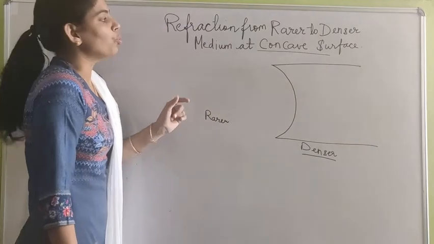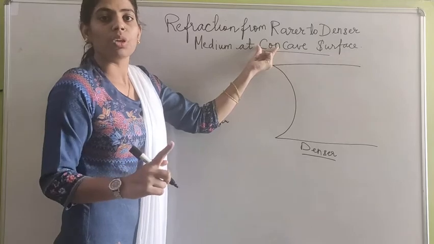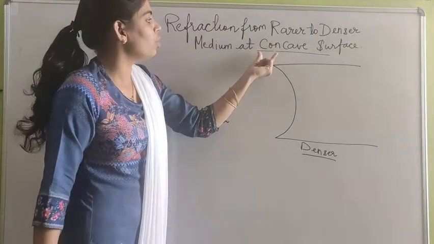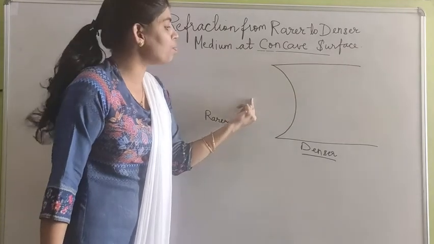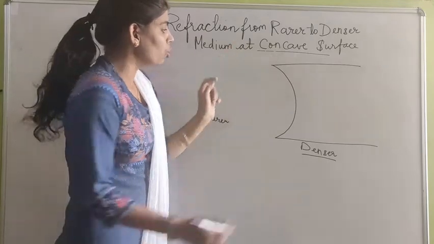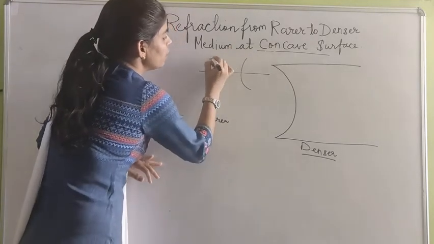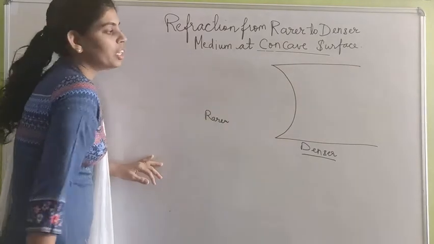As I have already told you, there are two types of spherical surfaces. One is concave and second is convex. Why are we saying this concave spherical surface? Because its concave part is facing the rarer medium. In that video we said the convex part was facing the rarer medium. In this, concave is facing the rarer medium.